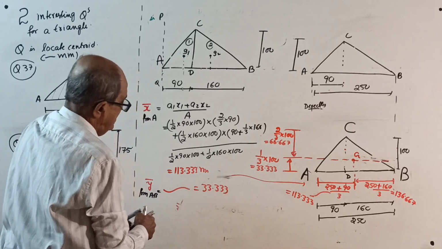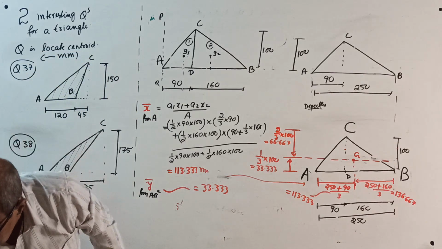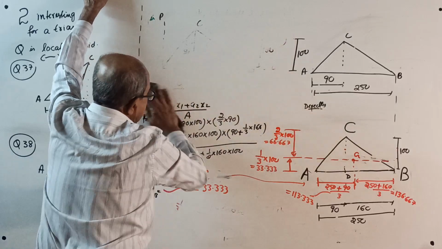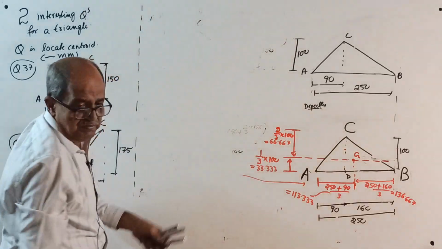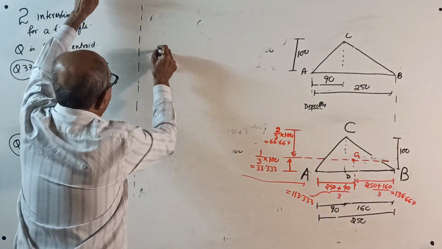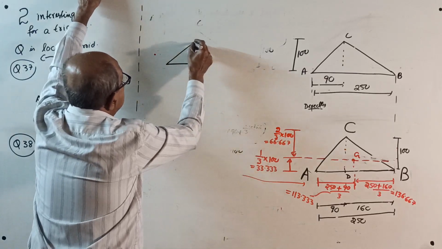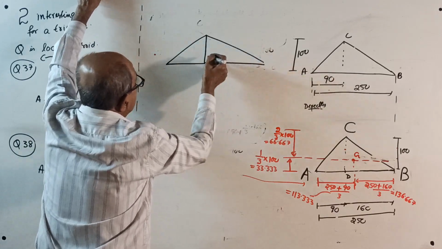It will come 33.333. Okay, write this way. Then you write the answer. Therefore, if you divide into two parts, the centroid will be here.